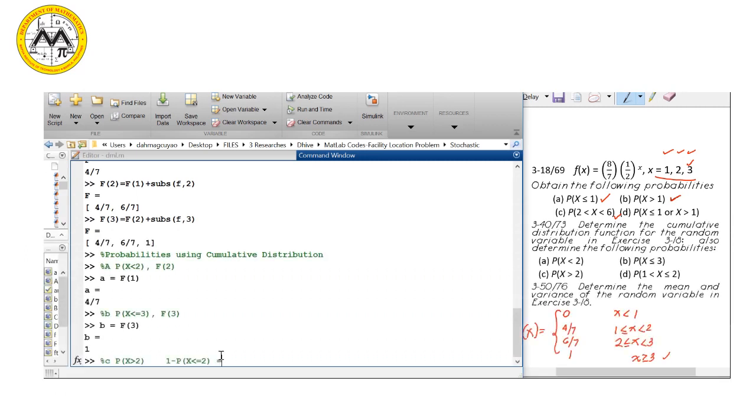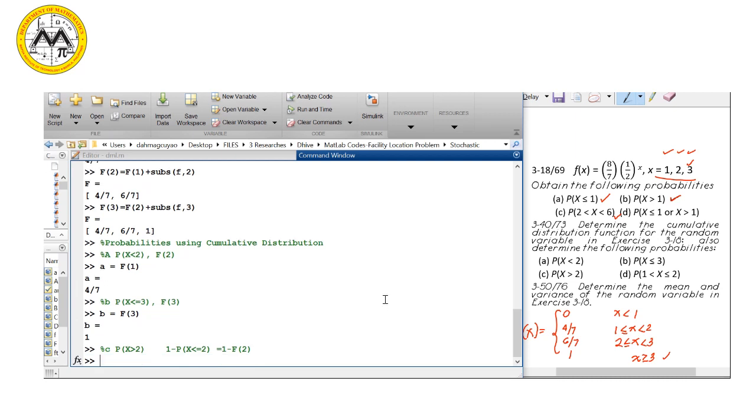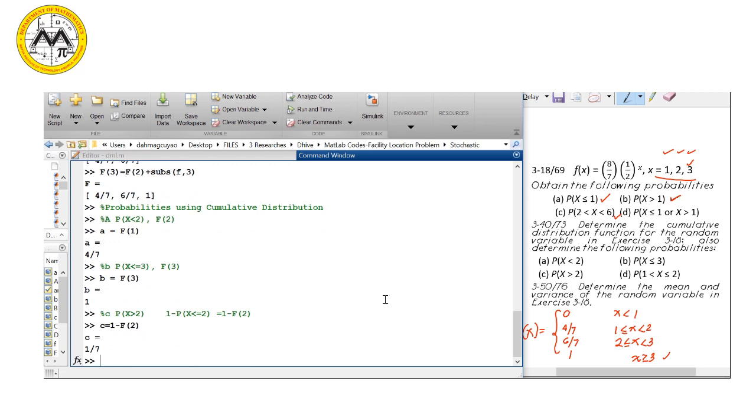So that would be 1 minus f of 2. So letter C is 1 minus f of 2, which is 1 over 7. So greater than 2 is the last one. So that is 1 over 7.